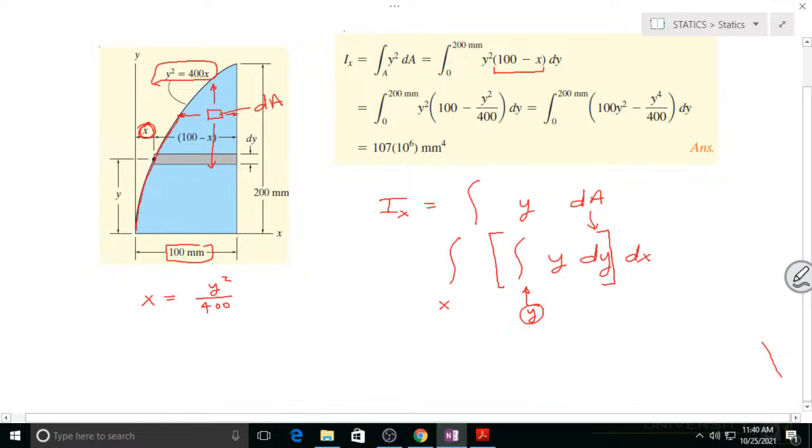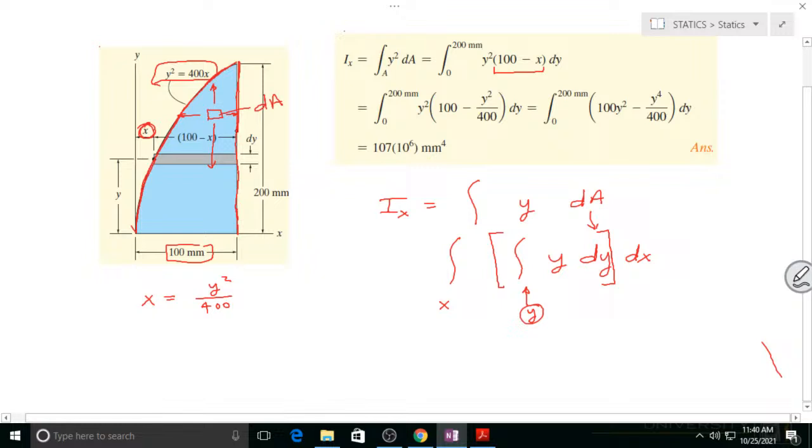I'm sorry, this curve. So there's your first limit. And your second limit is to here.